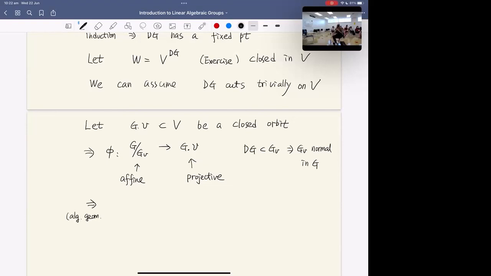It tells you that G mod GV has to be just a point. So G is equal to GV. So we have proved that V is a fixed point under G, right?